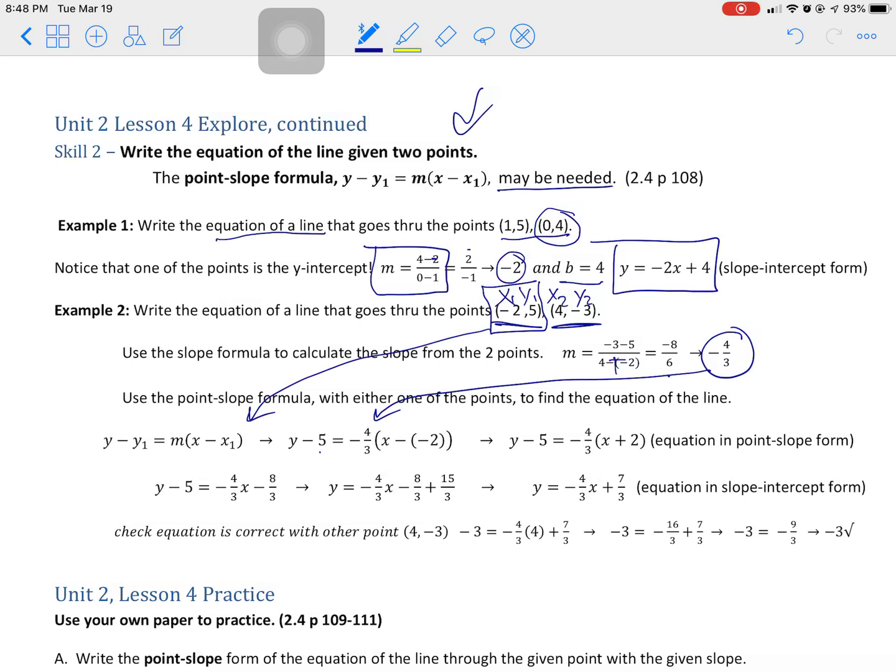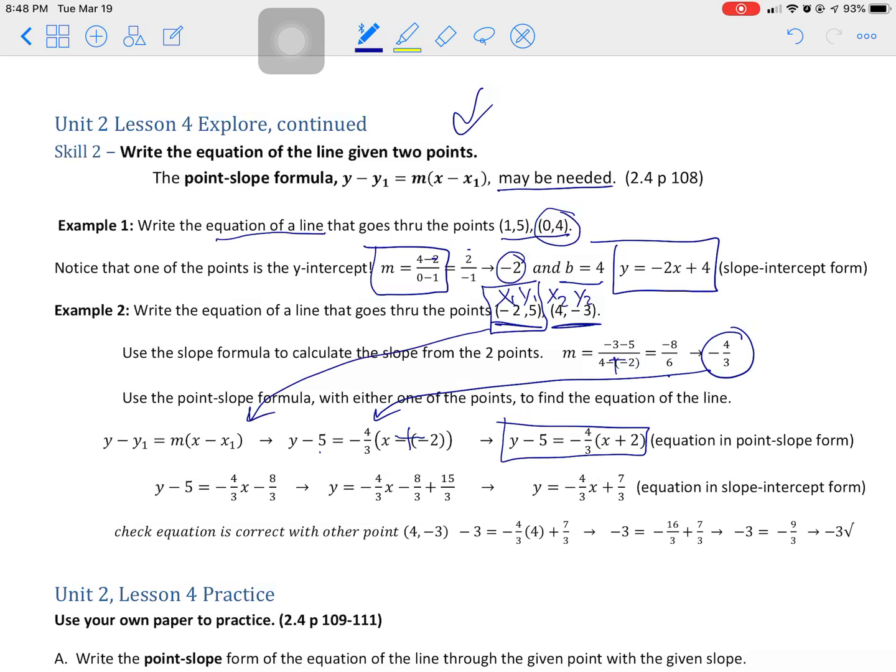Okay, just go ahead and make that a positive. So this is my equation in point slope form. Done. But what if they asked you what b was, or what if they asked you for it in slope intercept form?